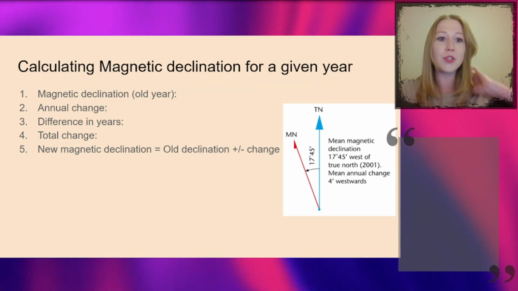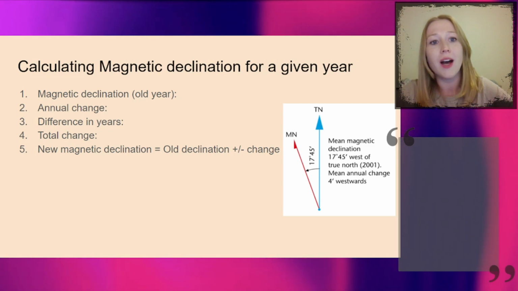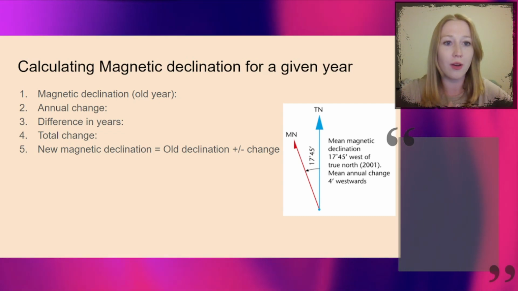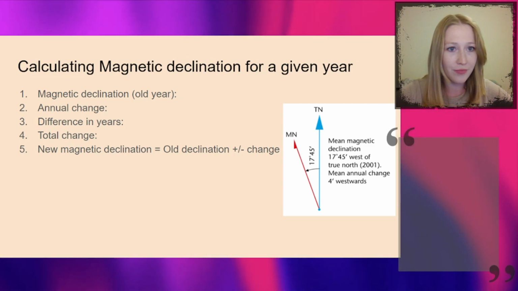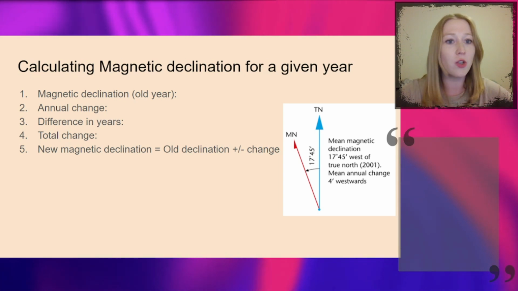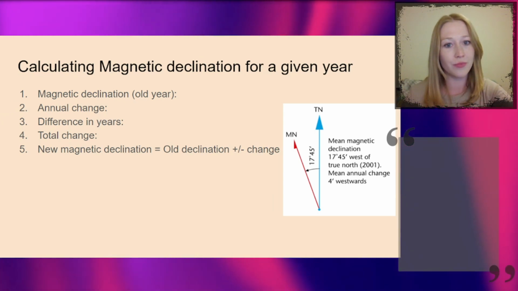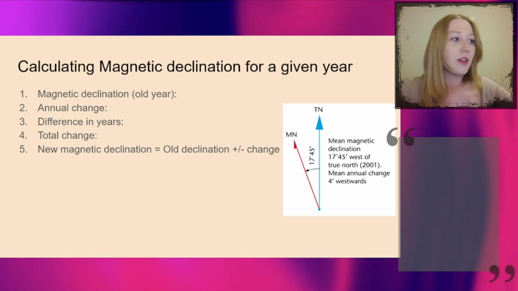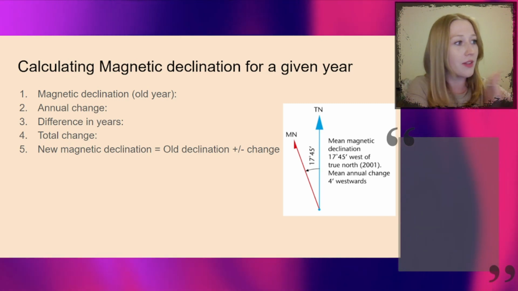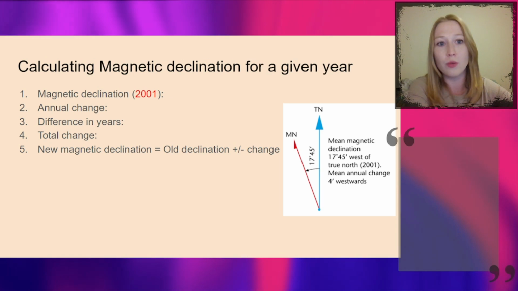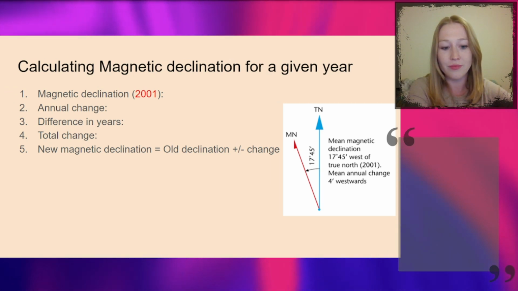Okay, so step number 1, I need to know what was my old declination in my starting or my old year. So the old year in this one was 2001.